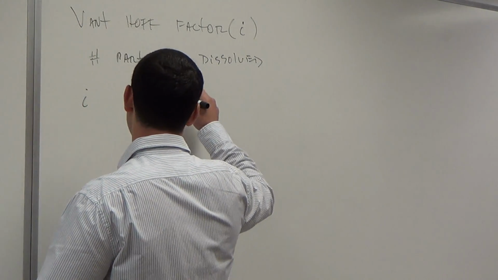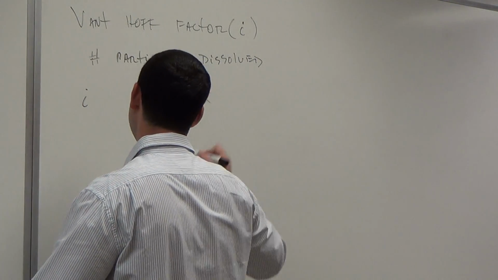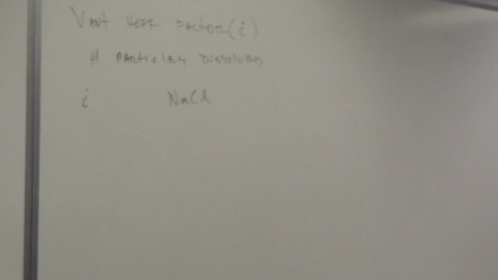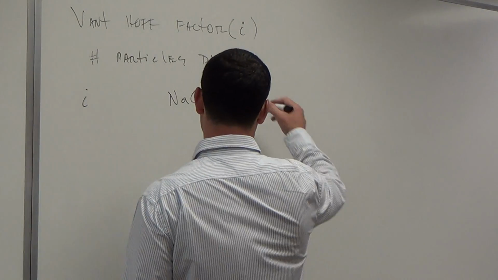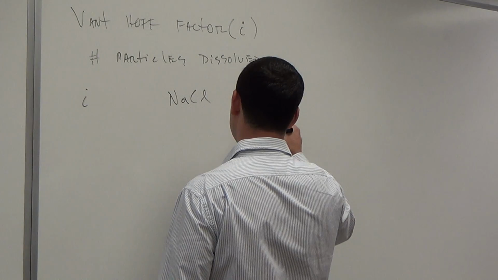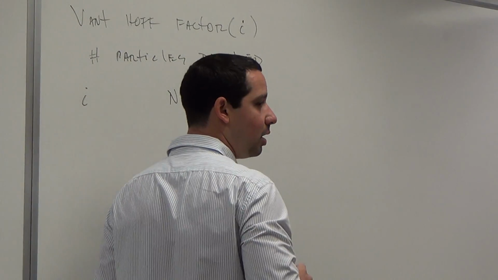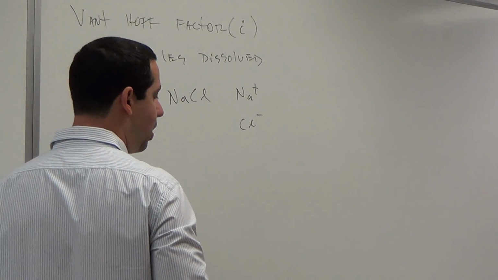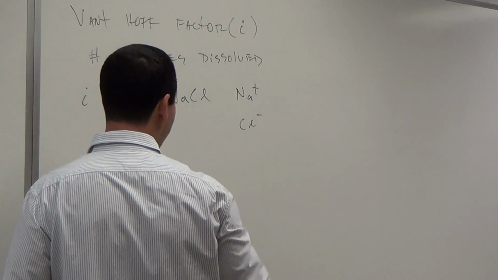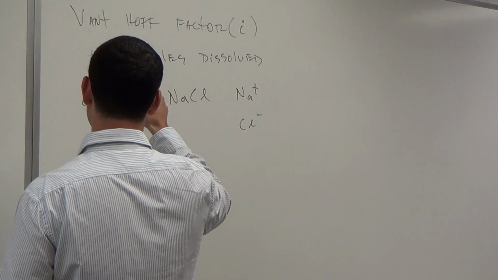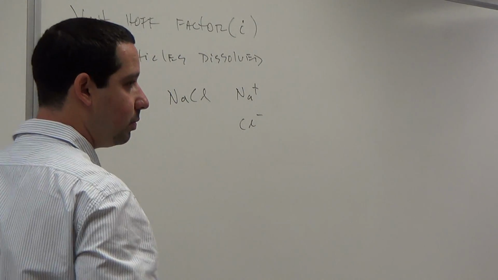The Van Hoff factor of sodium chloride is how many particles it becomes when dissolved in water. This ionic compound ionizes into Na plus and Cl minus. That is 2 particles, so the Van Hoff factor for sodium chloride is 2.